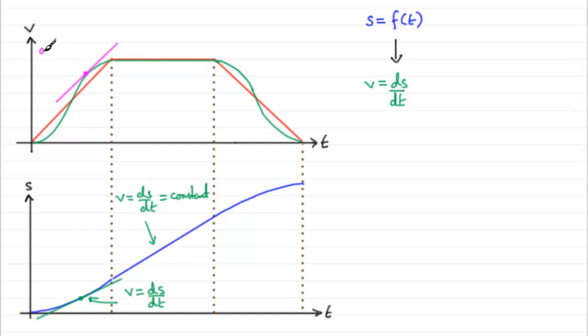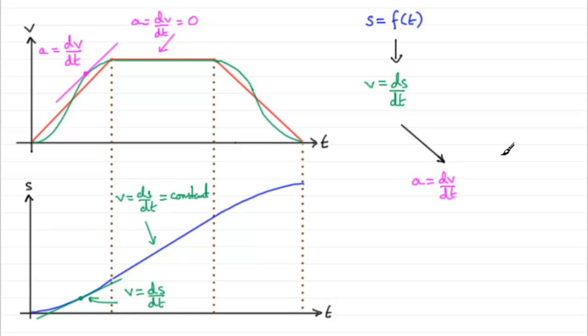In other words, acceleration is the rate of change of velocity with respect to time, dv by dt. And at this point here, because it's going at a constant velocity, acceleration, or dv by dt, we would expect to be equal to 0, no gradient at all. So when you want to work out acceleration from velocity, all you've got to do is differentiate velocity with respect to time.